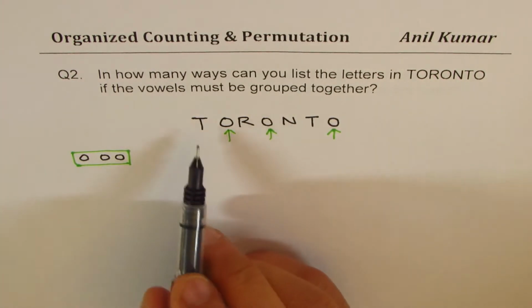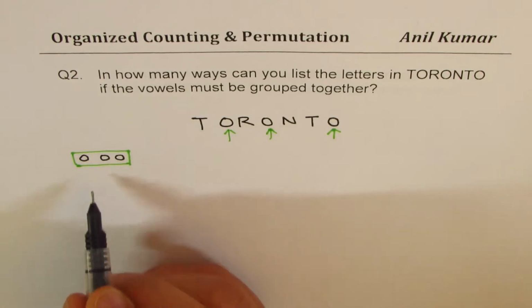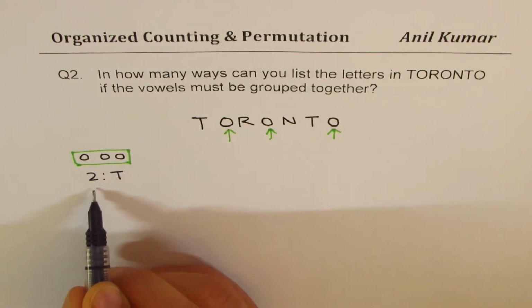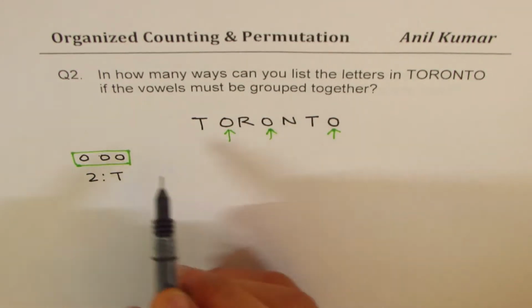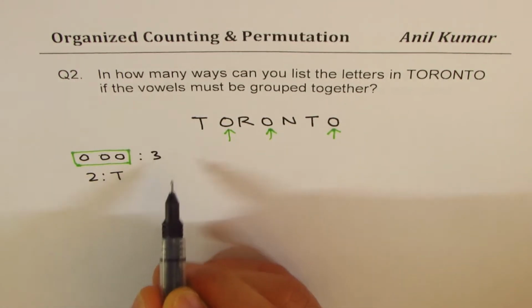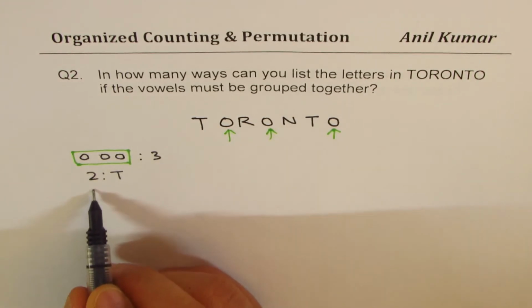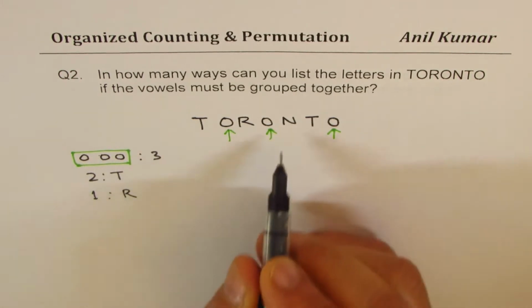Now let's look into the other letters. How many T's are there? We have 2 T's. O's we have already taken, these are 3 in number. As far as R, others are all single, unique. R is one of them.